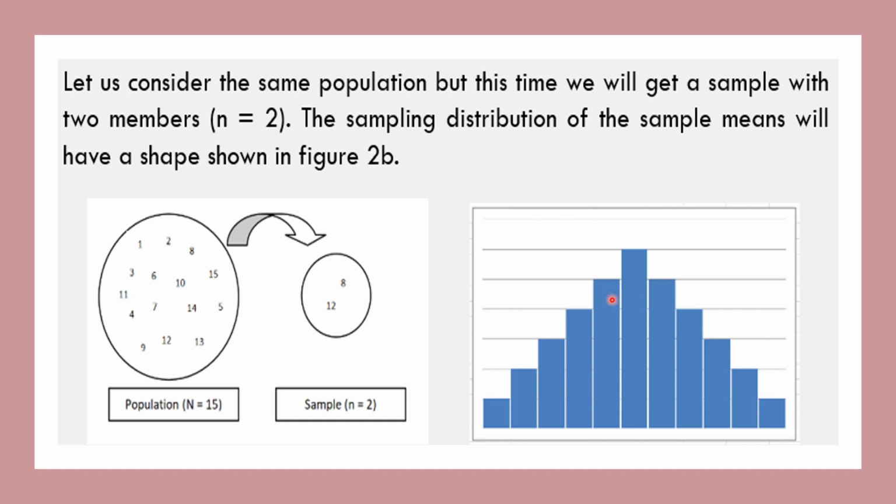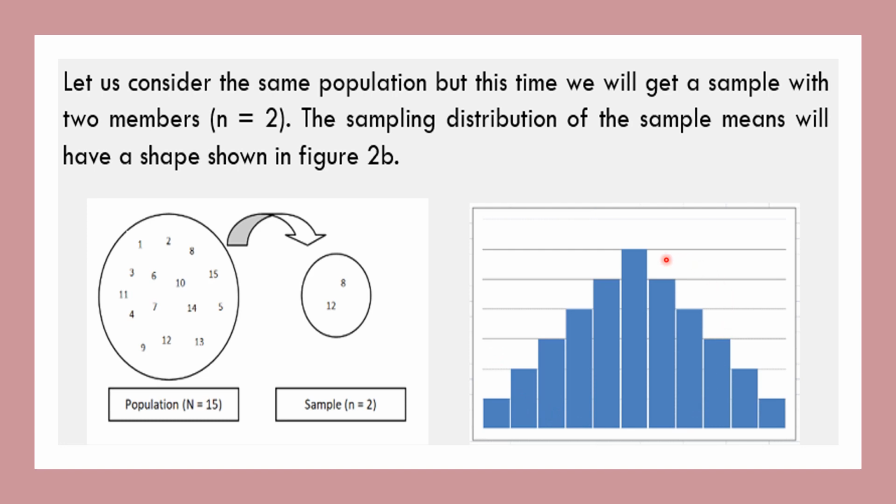Now, take a look at this example. From the population of 15 members, what is the probability of getting 2 samples? When you illustrate or graph it, the graph will look like this.